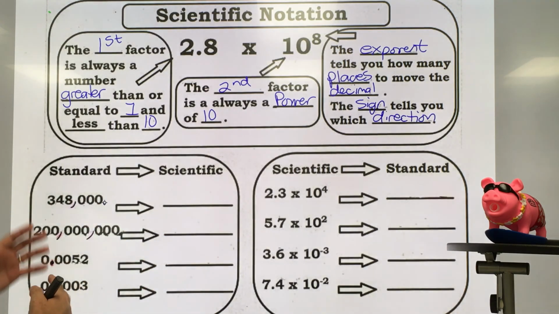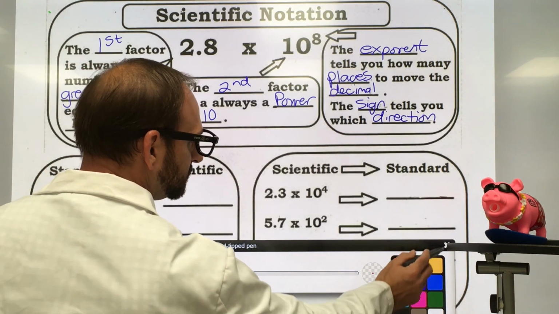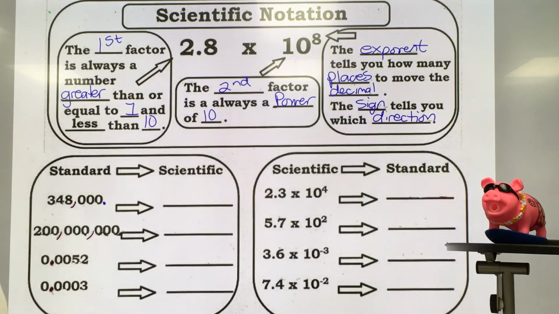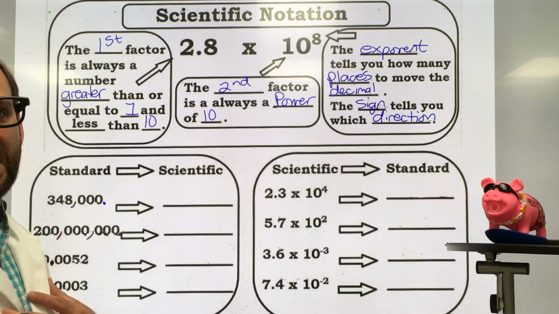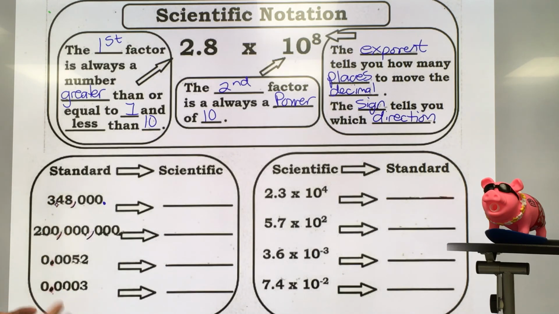Now, to create a number that is greater than or equal to 1 and less than 10, we're going to place our decimal somewhere between these digits. You've got to decide where that is. So I'm going to place it between the 3 and the 4. That would create a first factor of 3.48.